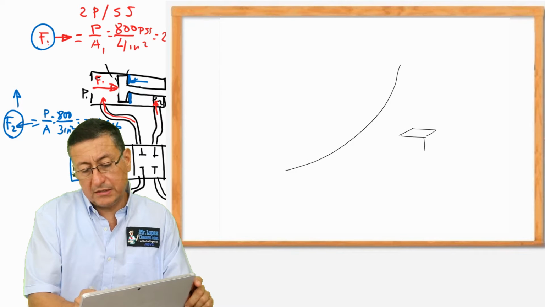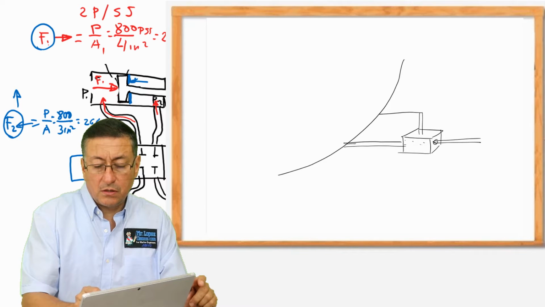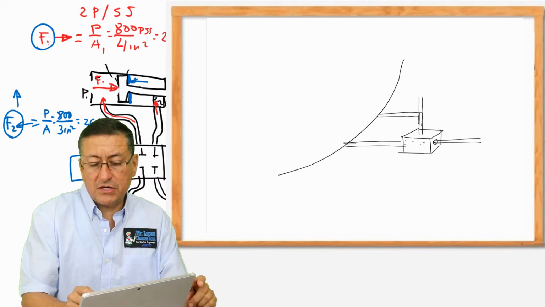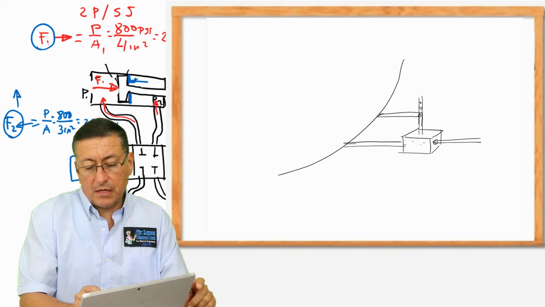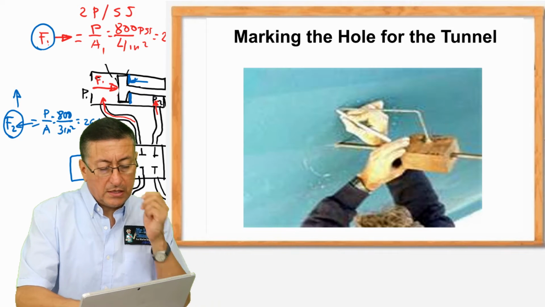It's a piece of wood like this, and the wood has a drill, and you pass the rod over there, and in the block of the wood you have another shaft with different holes, and this is sharp, and with this you can mark the hole like this.